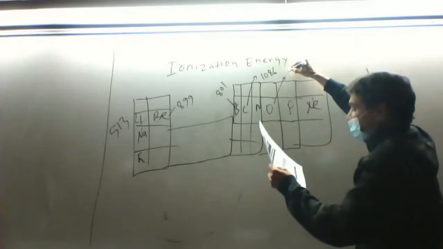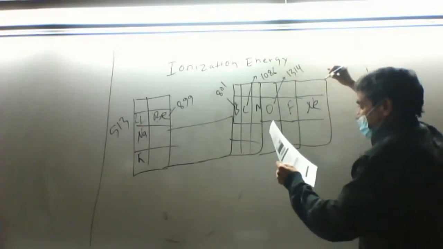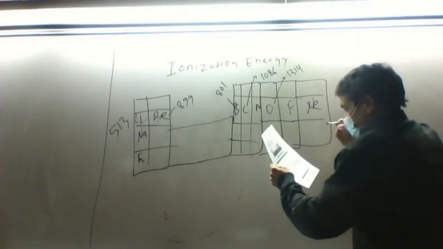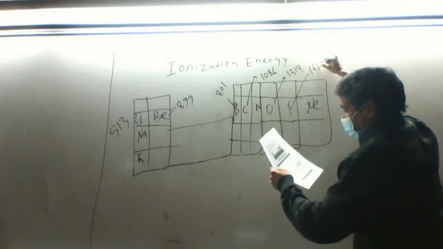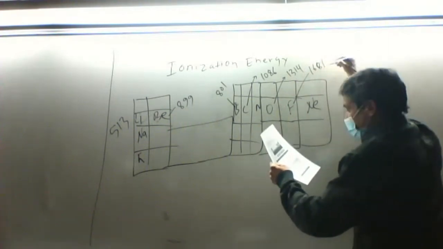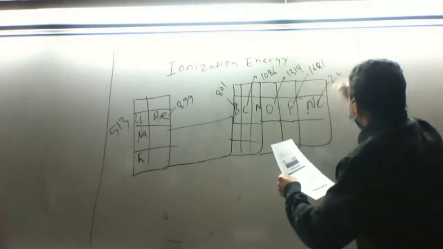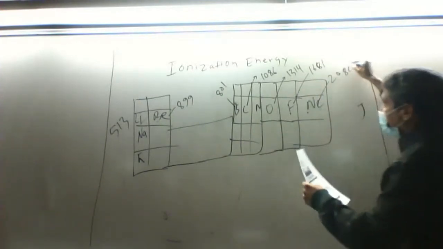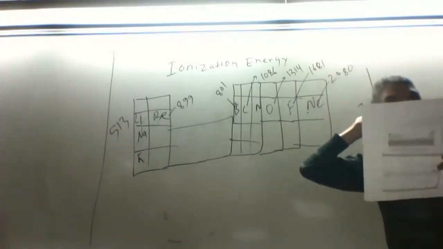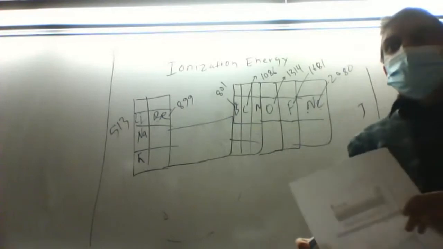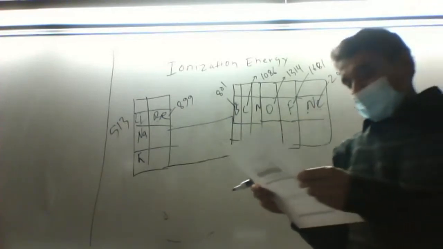For oxygen, we give 1314 kilojoule of energy. For fluorine, we give 1681. And for neon, 2080. You can find these numbers in the periodic table on slide number 4. I'm just taking the first row, in slide number 4.